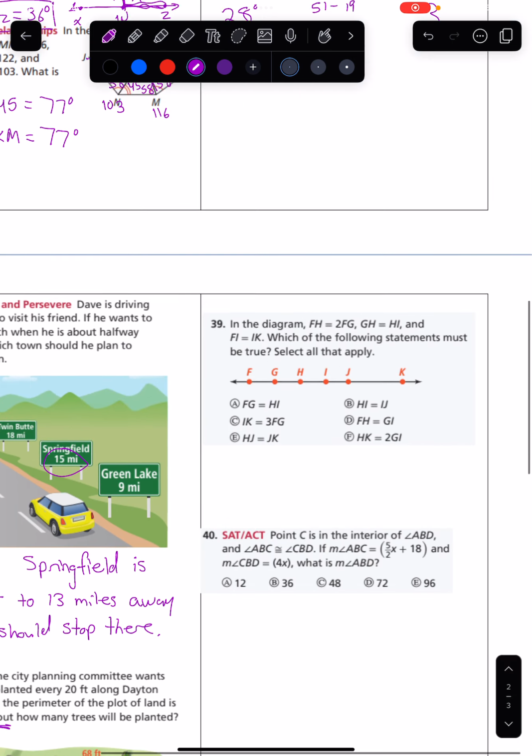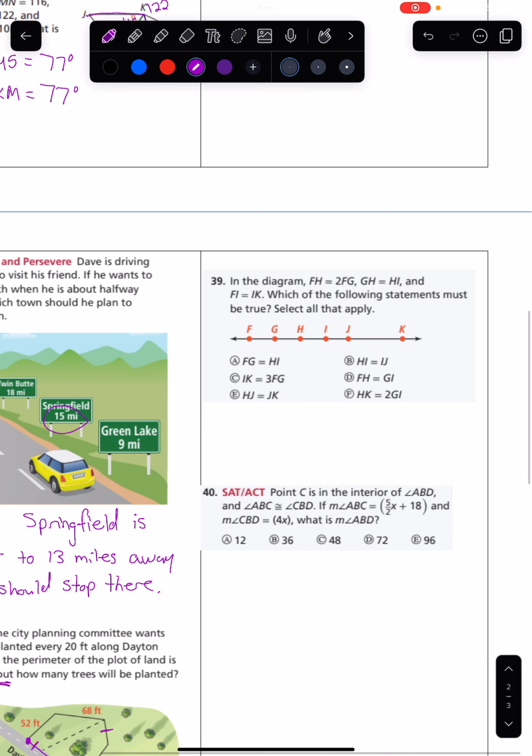All right, almost done. In the diagram, we look at where FH is, and that's 2FG. So however long FG is, FH is 2 of those, which means that we can put FG as X units long. If FH is twice that long, then FH is 2X, which means GH is just the same length as FG.